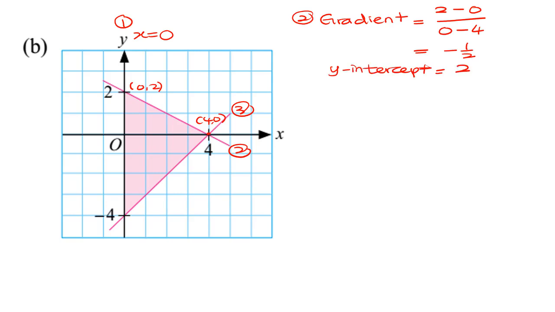We can write the equation now: y is equal to negative 1 over 2 x plus 2. Now the third equation. Get another coordinate for another point: 0, negative 4. Now the gradient for this line.